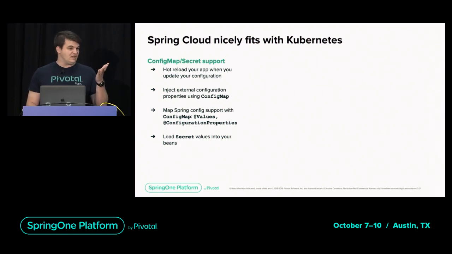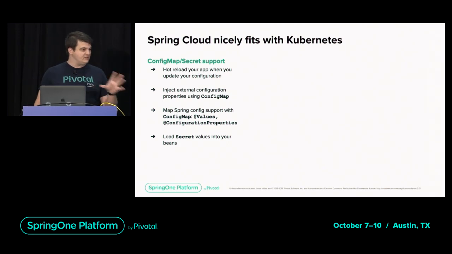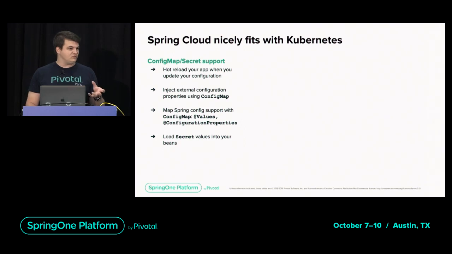So just use @Value, just use @ConfigurationProperties, just like the thing that you already know about Spring Boot. And using Spring Cloud Kubernetes, you have native support for reading this config map that you use with kubectl. And the same thing is true with secrets to load credentials for your application.